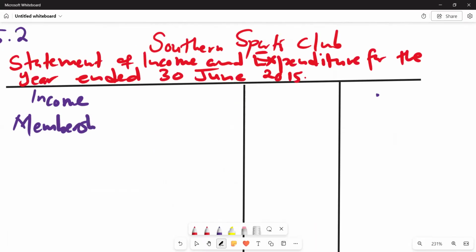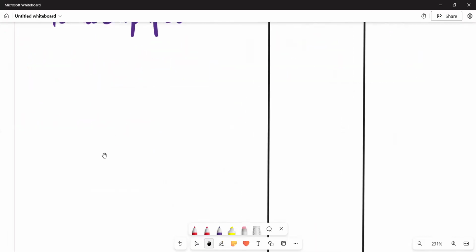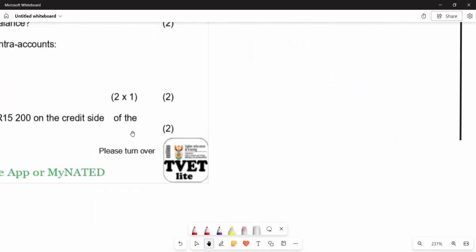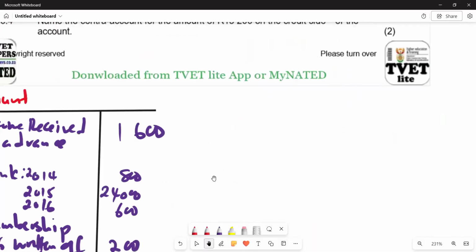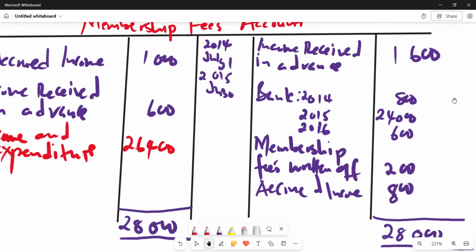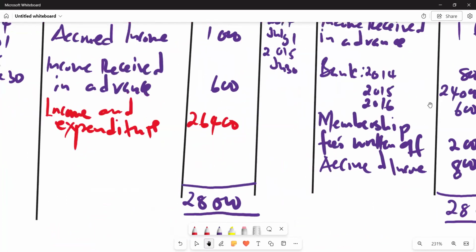Remember, 5.1 requires us to prepare the membership fees account, but we prepared it in the last video, so we can just go down to check the amount that we got. When we prepared this membership fees account in the last video, what we got is 26,400. So this is going to be income coming from the membership fees account.